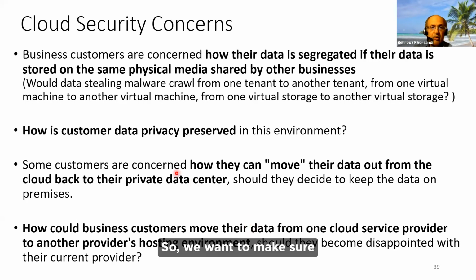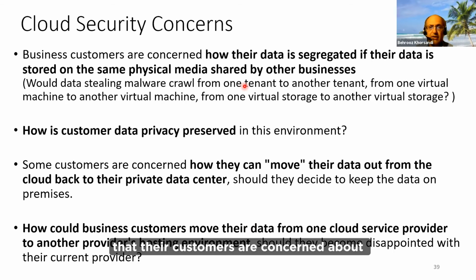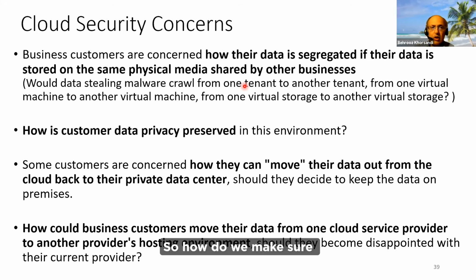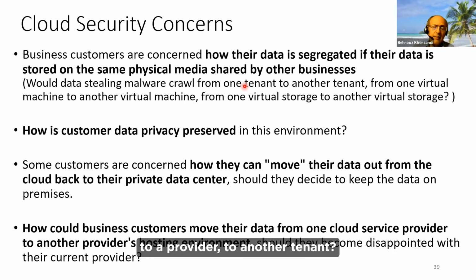So we want to make sure business customers or cloud providers always understand that their customers are concerned about how their data is segregated. Remember, in a public cloud, the environment is shared. So how do we make sure that this shared data does not leak to another tenant?